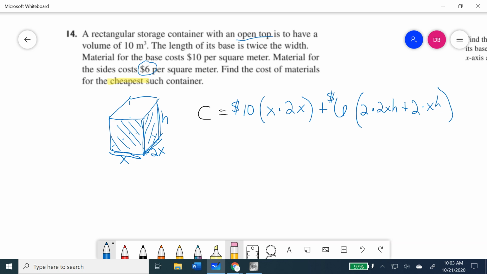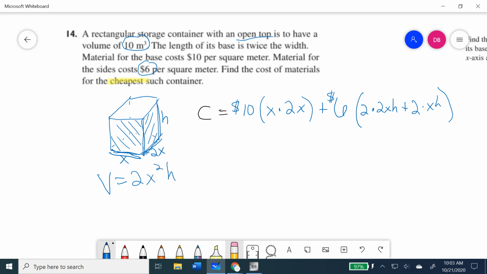Now, I have 2 variables involved in my cost, but I need 1. That's where the volume formula comes in. You might have started that at the beginning or be getting to it now, whichever, it doesn't matter. If I multiply my 3 dimensions, that gives me 2x squared times h.